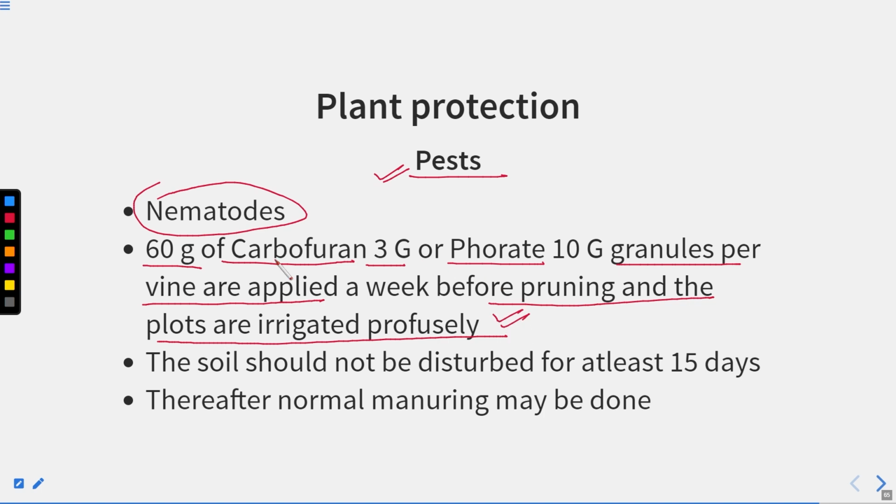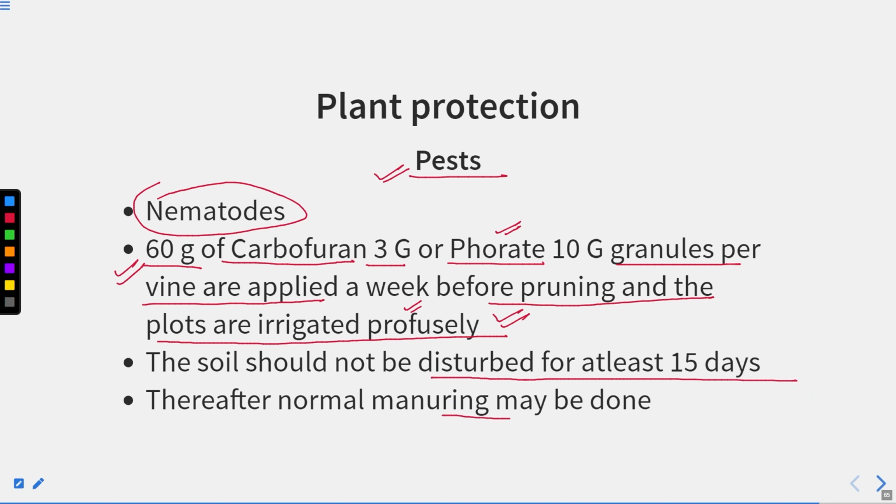So before pruning, these chemicals, carbofuran or phorate granules, are used, right? And the soil should not be disturbed for at least 15 days.